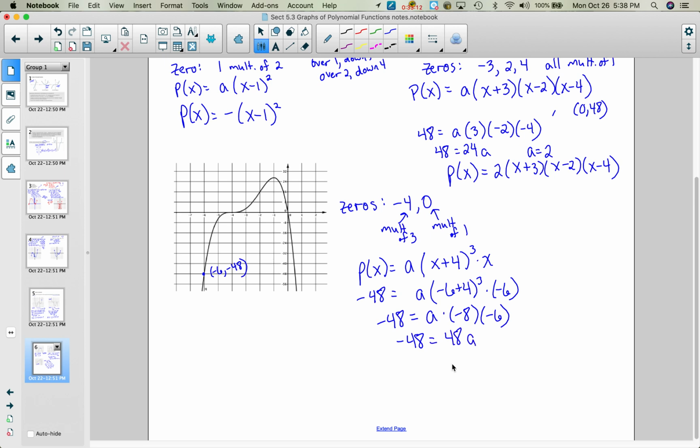So it looks like we get a equals negative 1. Both ends down, so that makes sense. So then p of x equals negative 1. I'm going to bring the x to the front because that's normally where we see it. x times x plus 4 quantity cubed.